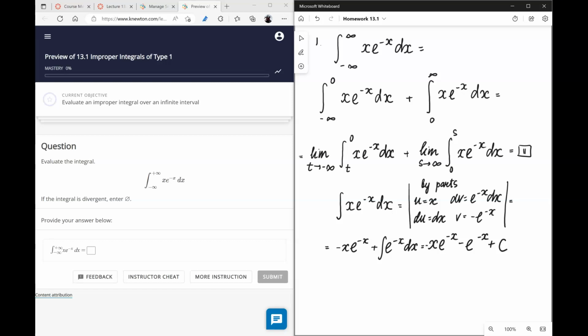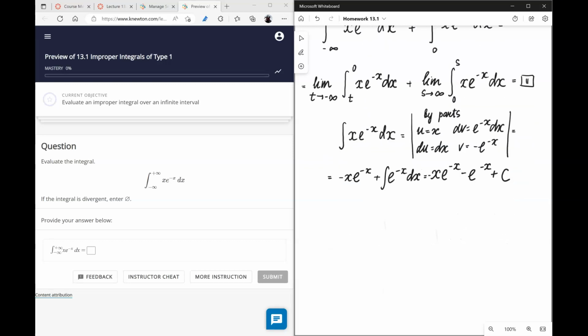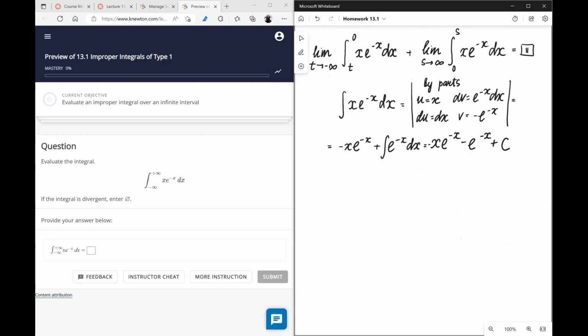That's the indefinite integral. However, we have definite integrals, and not only that, we also have limits. So now we're going to hit the continue button and continue with the main solution.